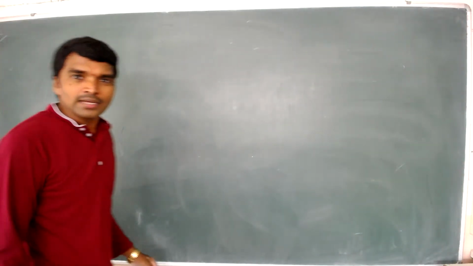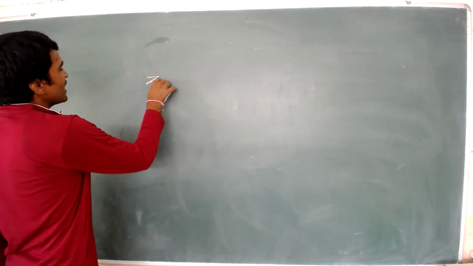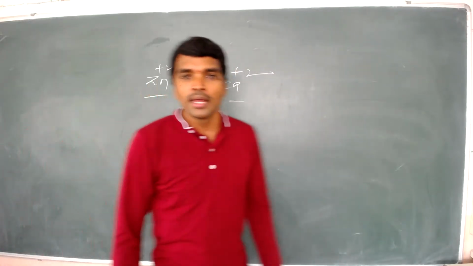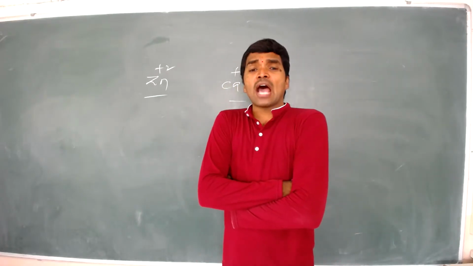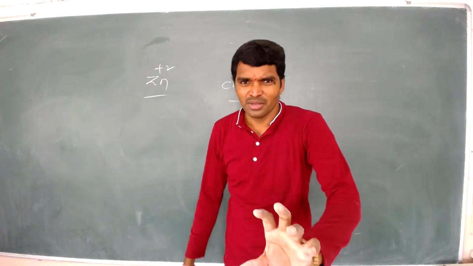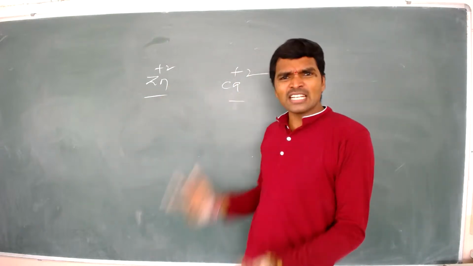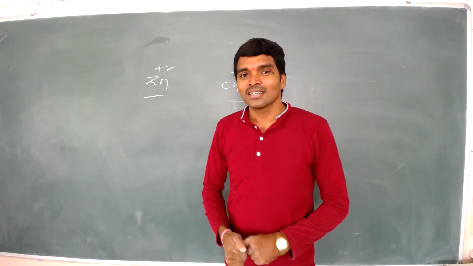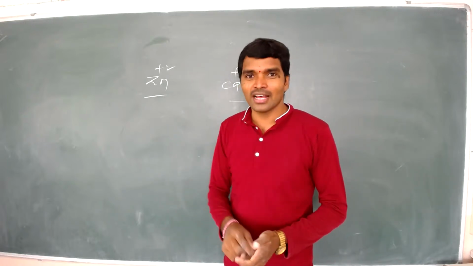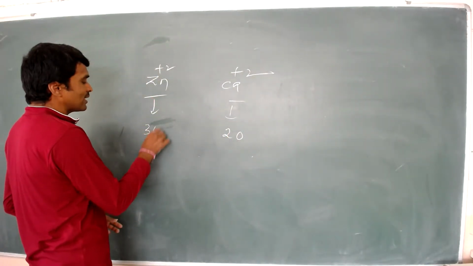The last point is this: now see, zinc and calcium. This is +2, this is +2. My question is, which forms an ionic bond? Both are +2 oxidation state, both are metals. Which has ionic character? Calcium has atomic number 20 and zinc has atomic number 30.